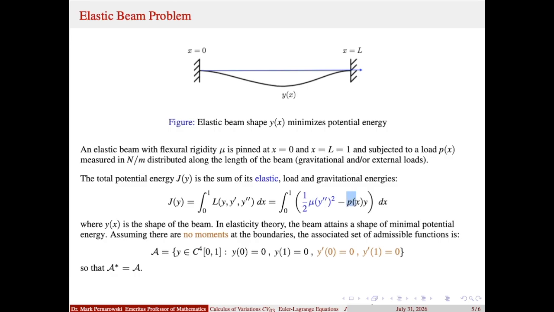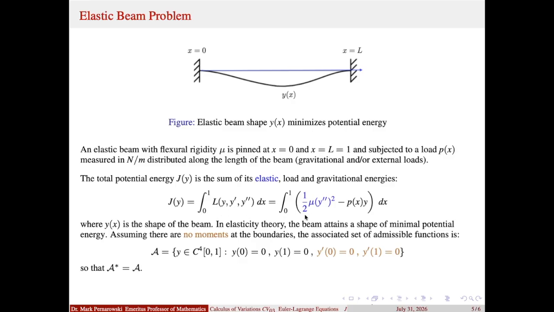So this thing here could depend on x. There could be a load distribution, or it could be that this is just simply constant. This P here has units of newtons per meter. So newtons per meter times meters gives you newtons. So P of x dx is the force, times the distance y gives you work done or potential energy.